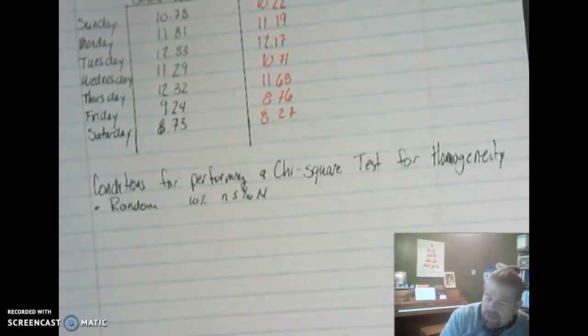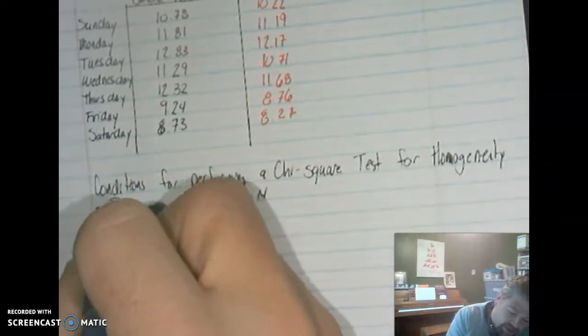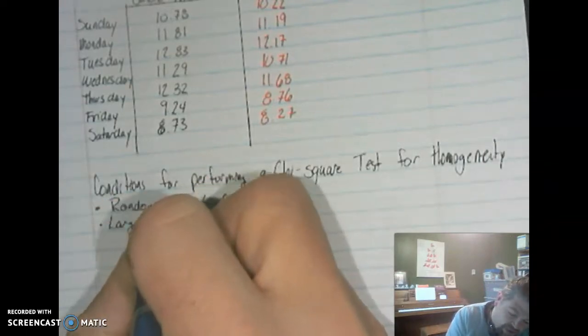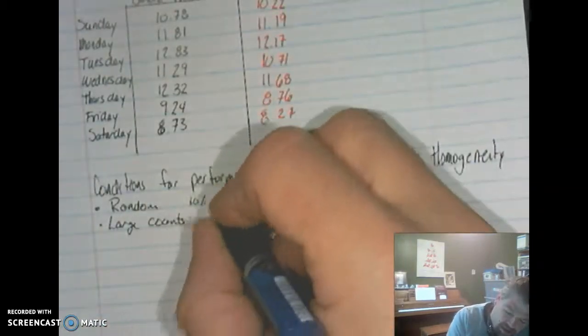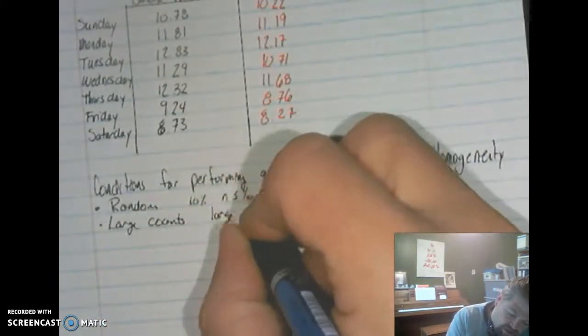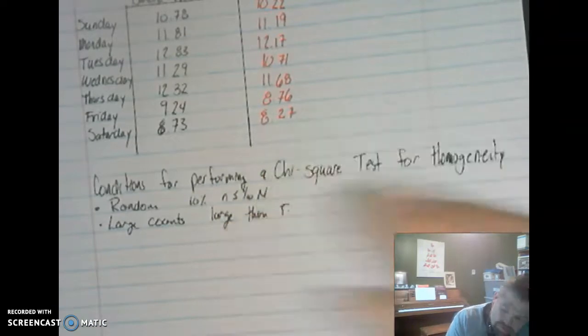And then if it says that it's without replacement, then I think we are even better off without having to do the 10%. We'll get to that in a second. Our large counts, all of these have to be larger than 5.